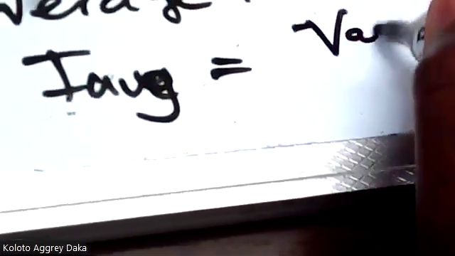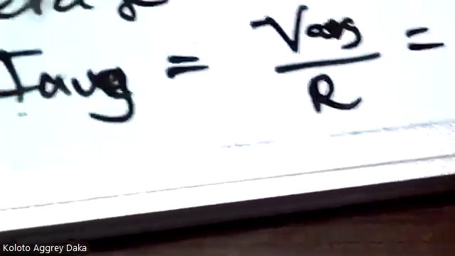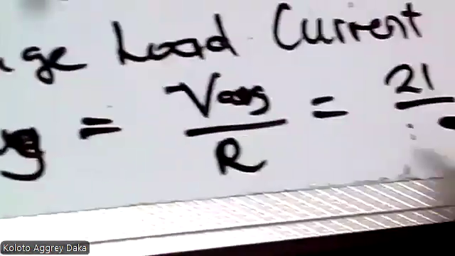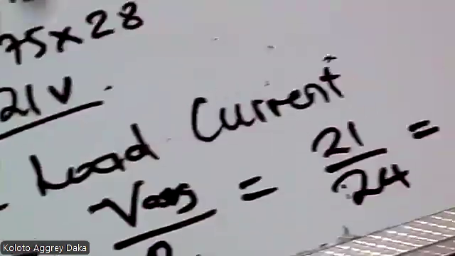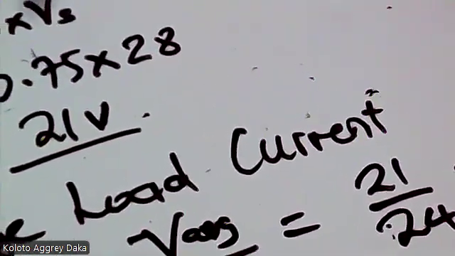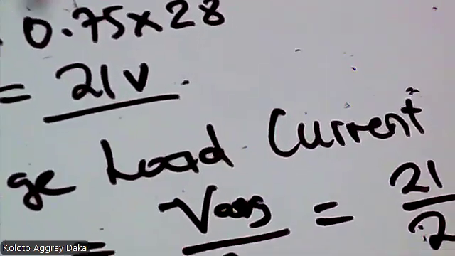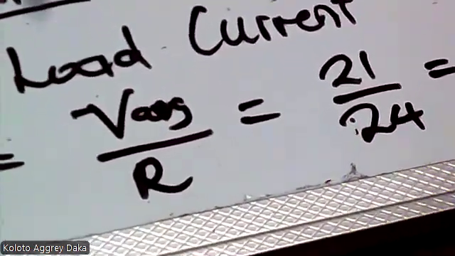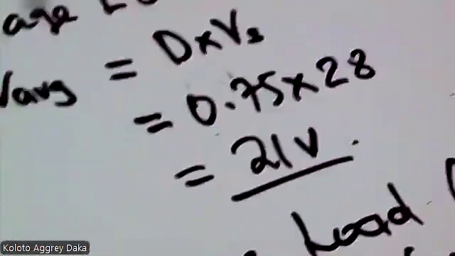So V average over resistance: 21 over 24, which gives 0.875 amps. That's our average load current.